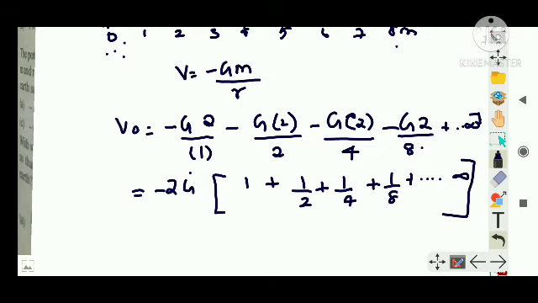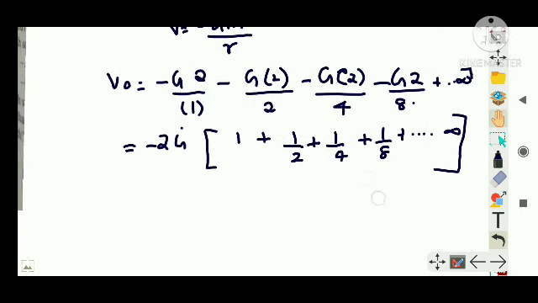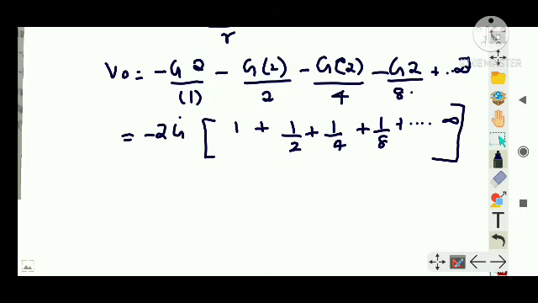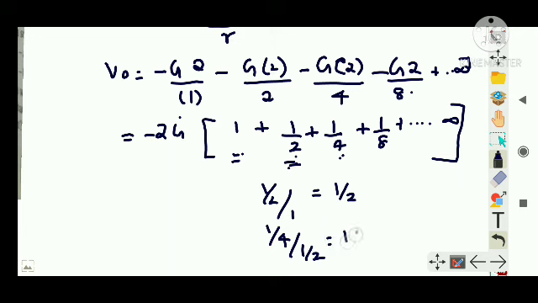Bracket closed. Now this is known as geometrical progression. See, geometrical progression means 1 by 2, this is the second term, this is the first term. 1 by 2 by first term is equal to 1 by 2. This is the third term, this is the second term. So third term by second term, 1 by 4 by 1 by 2, is again 1 by 2 itself. Similarly, 1 by 8 by 1 by 4.